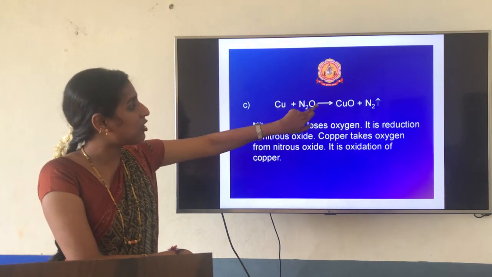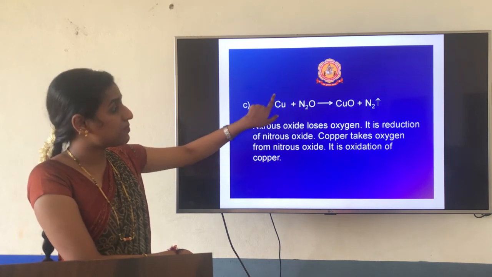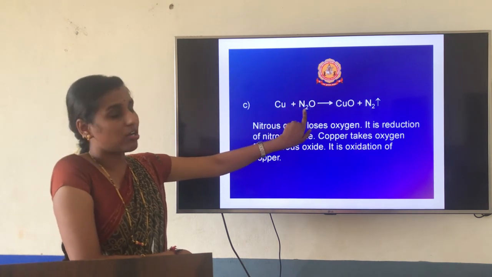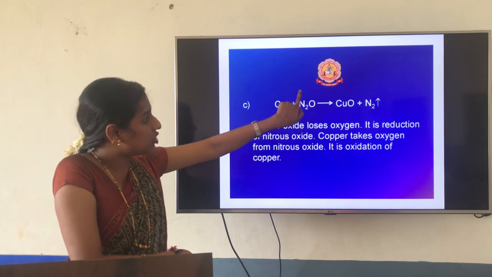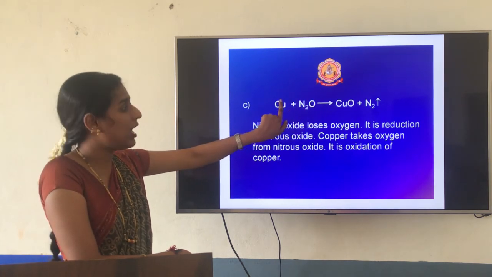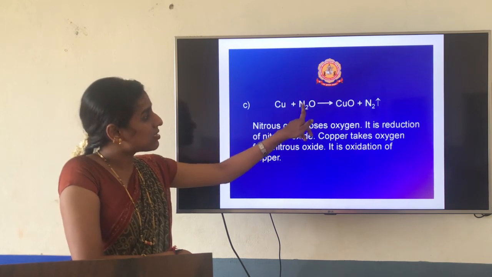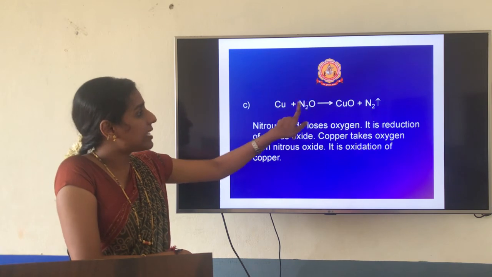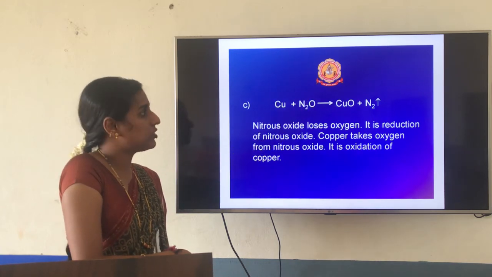It has taken the oxygen from nitrous oxide, so we can call this the best reducing agent. In the same way, why can we call this an oxidizing agent? Because this has given its oxygen to copper. To undergo this oxidation, this reactant has helped. So we can say this is an oxidizing agent and this is a reducing agent.